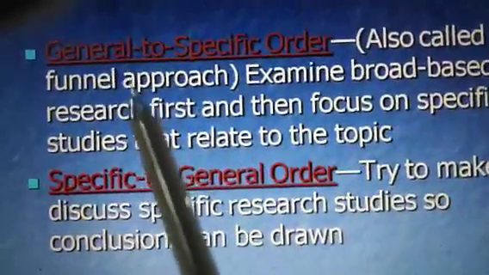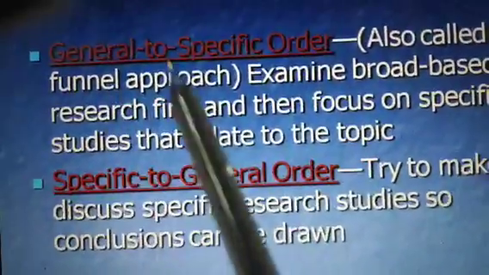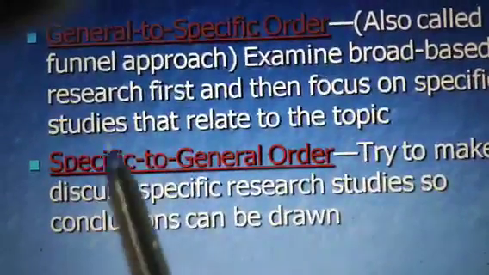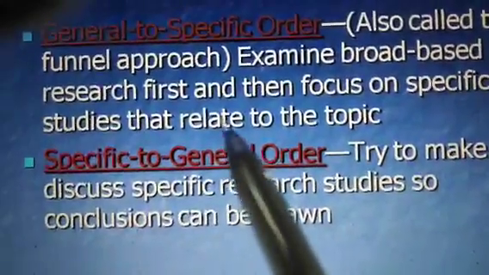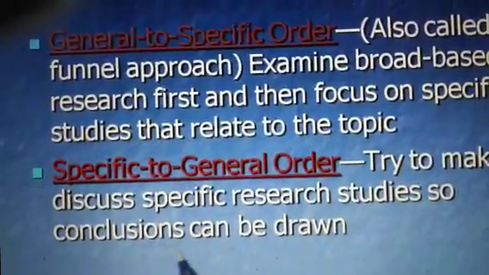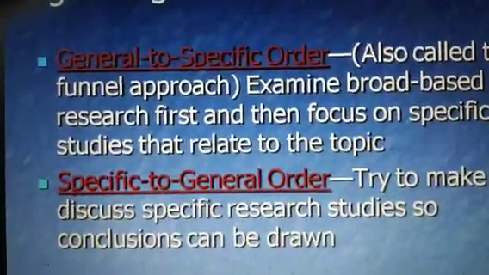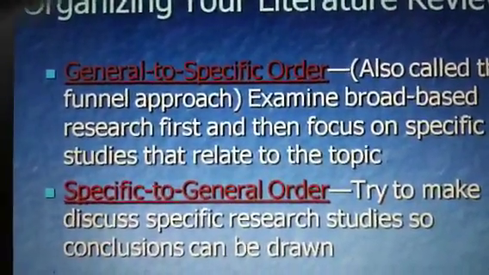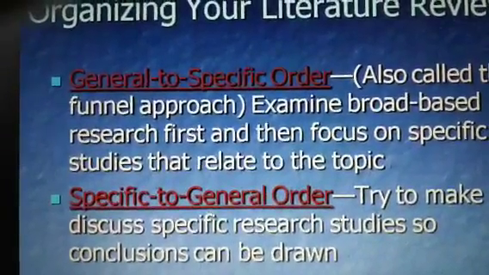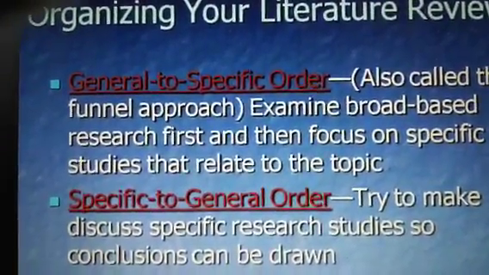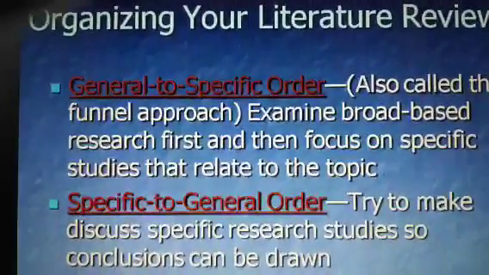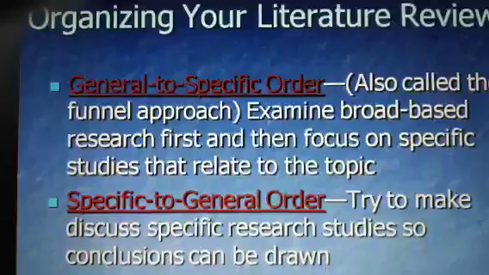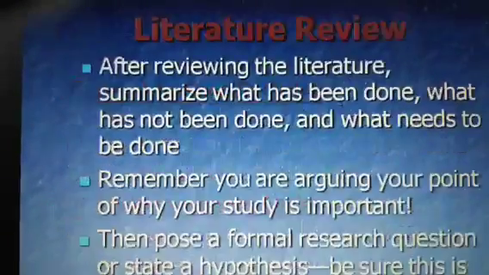So this is general to specific order, called the funnel approach. And then comes specific to general order, which discusses specific research studies so that conclusions can be drawn. So these are all the various types of reviewing the literature, and these are also topics for organizing your literature review.